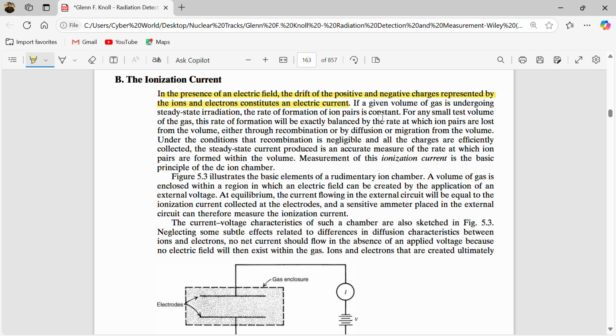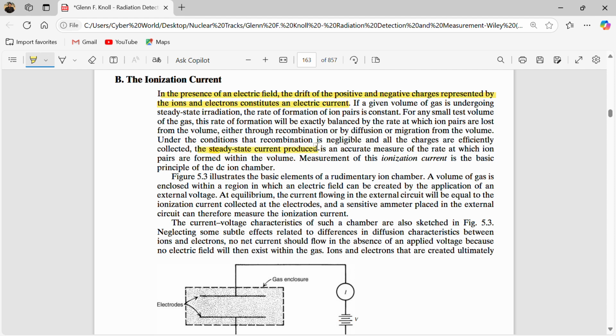Under these conditions the recombination is negligible, and all the charges are efficiently collected, and the steady state current produced is an accurate measure of the rate at which ion pairs are formed within the volume. So this is how you can define the steady state current.